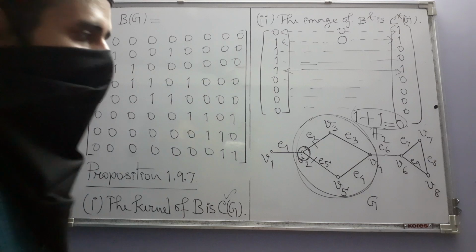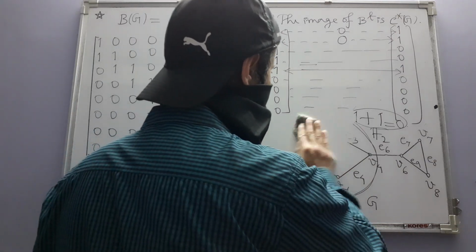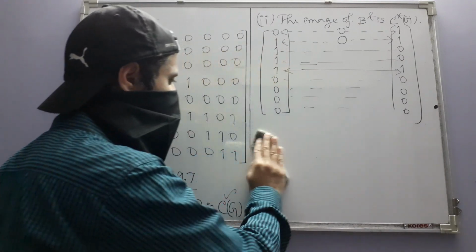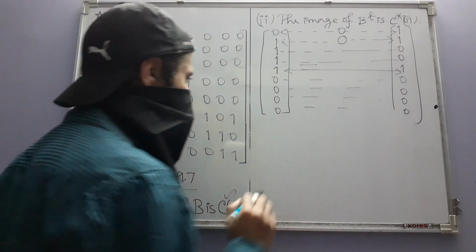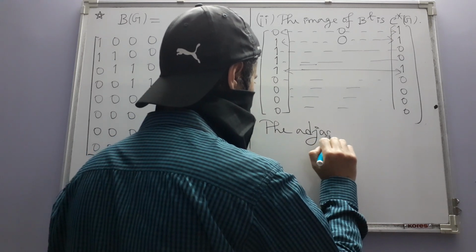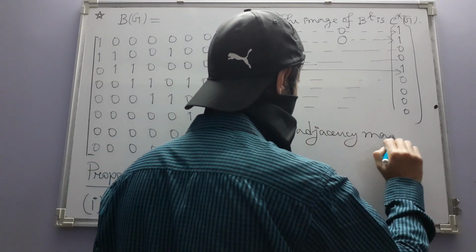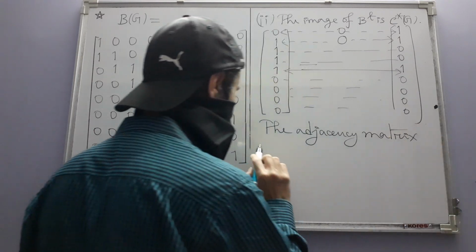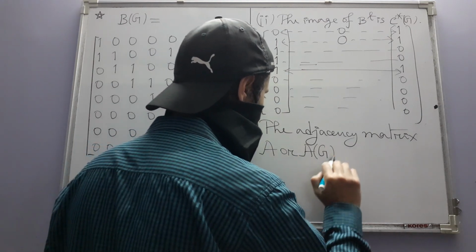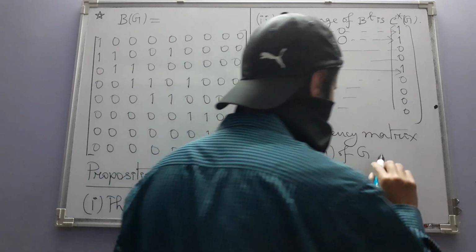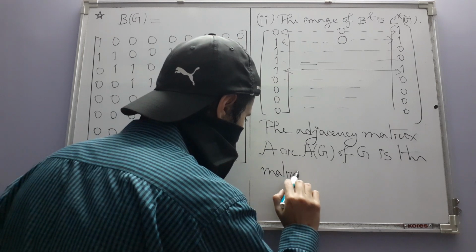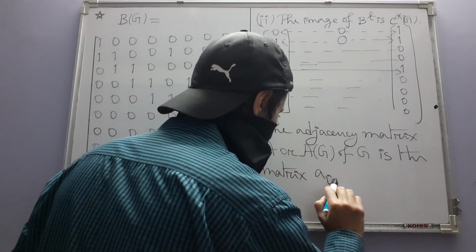Now something else is also there after the incidence matrix, namely the adjacency matrix of G, the matrix Aij.